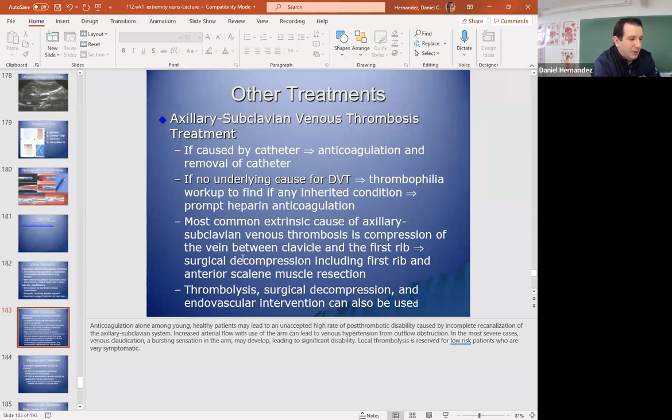Or it could potentially be caused by extrinsic compression of the axillary and subclavian veins, and that could be due to thoracic outlet syndrome. Treatment for thoracic outlet syndrome could involve removal of the first rib and associated muscles. That's a very involved procedure that takes a long recovery, if it is an issue with thoracic outlet syndrome and compression of the subclavian vein by the first rib.